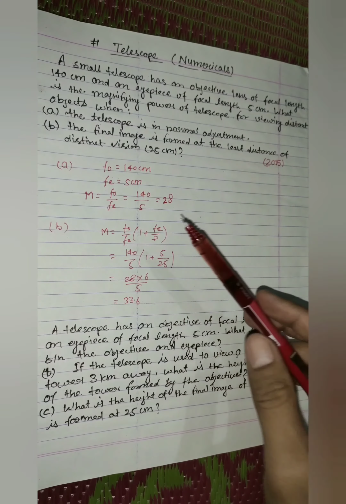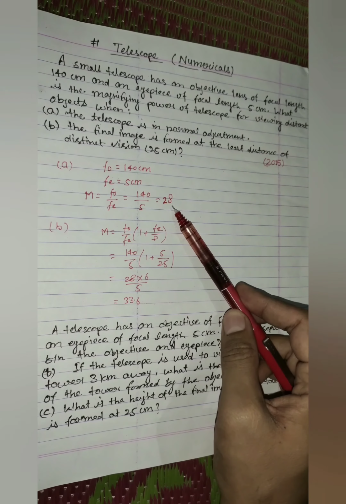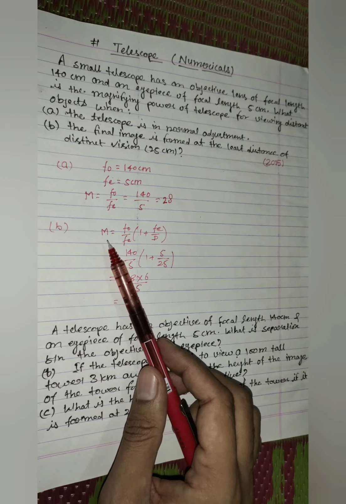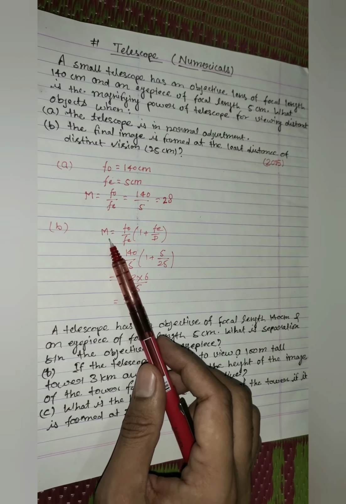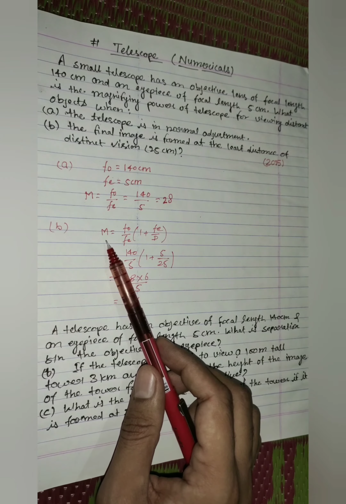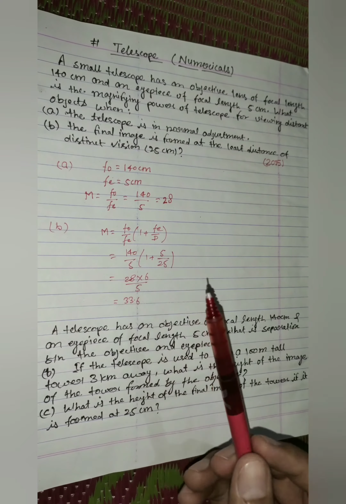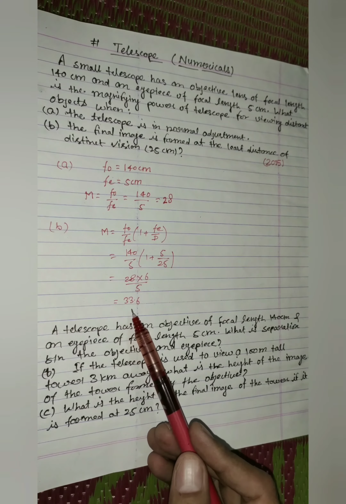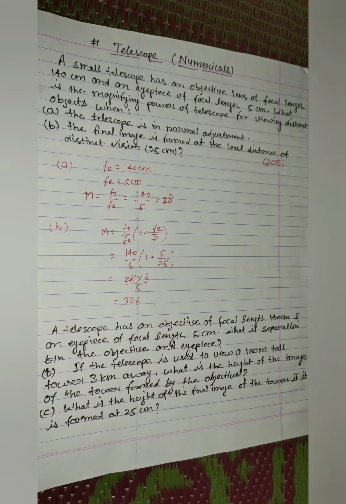So in normal adjustment, magnification is 28, and when the final image is at the least distance of distinct vision, that is 25 centimeter away from the eyepiece, magnification is 33.6.